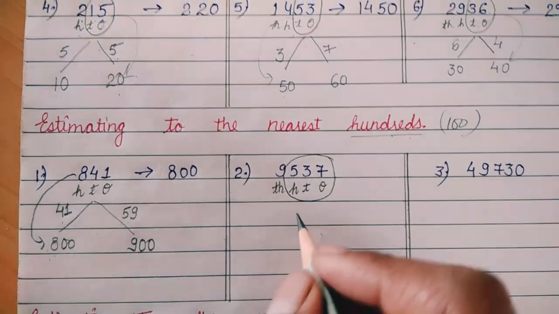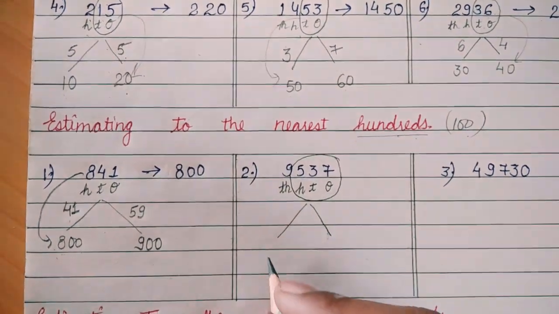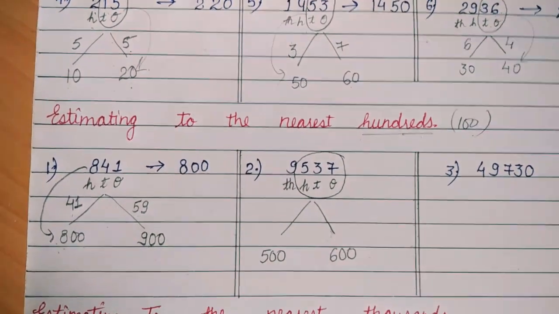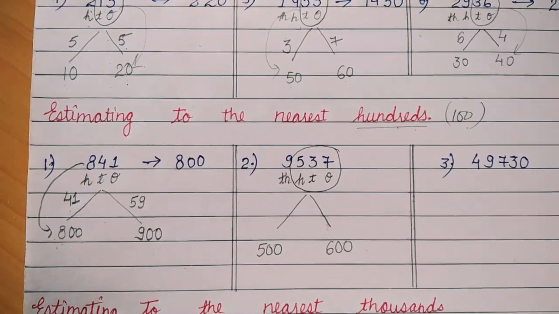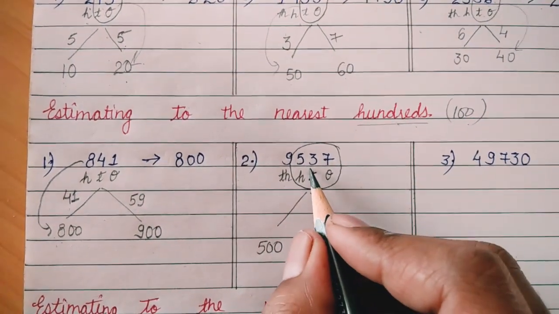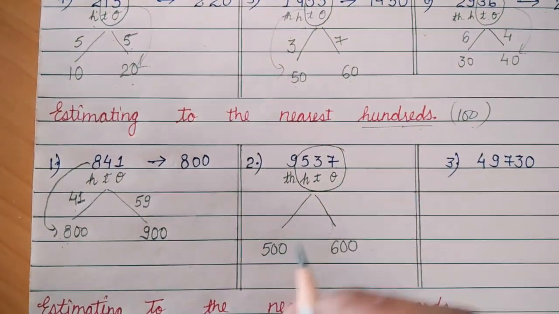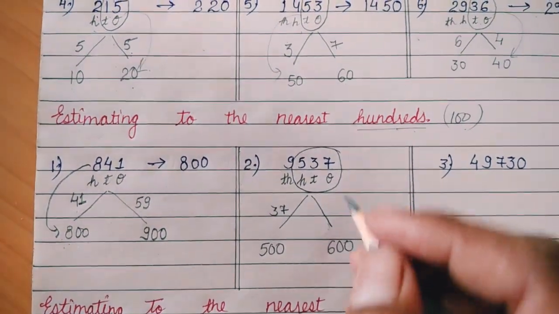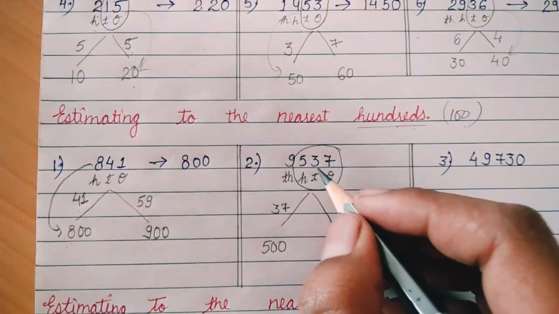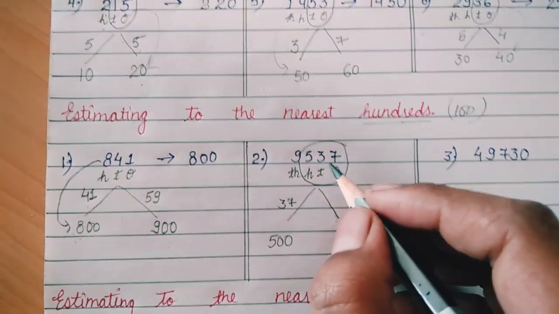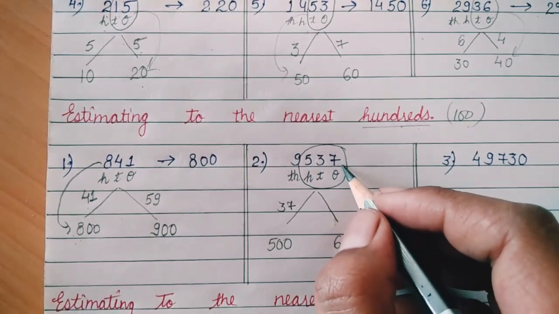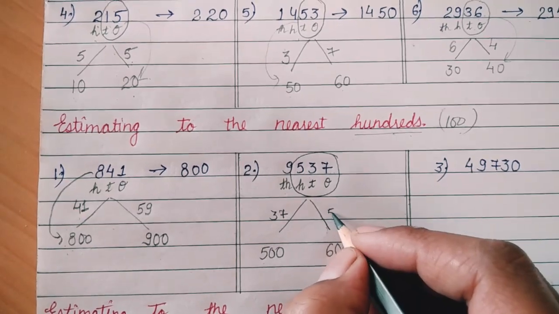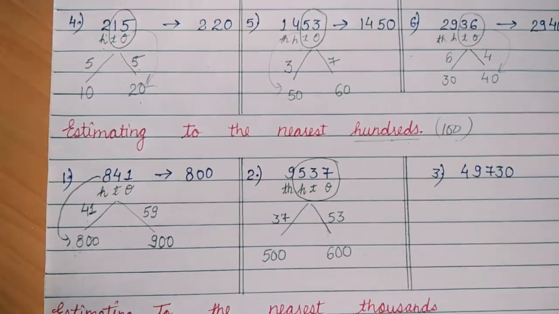Simply you can see 537 is coming in between 500 and 600. Okay. So now for getting 537 from 500, we have to take 37 steps. And from 600, how many steps do we have to take? We have to take 63 steps from 600.